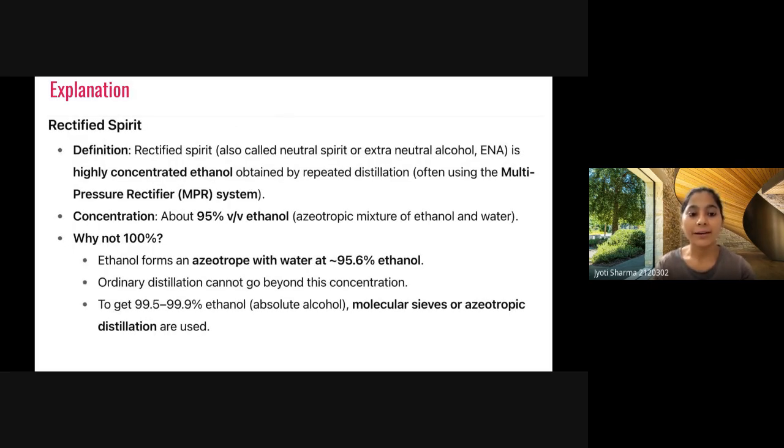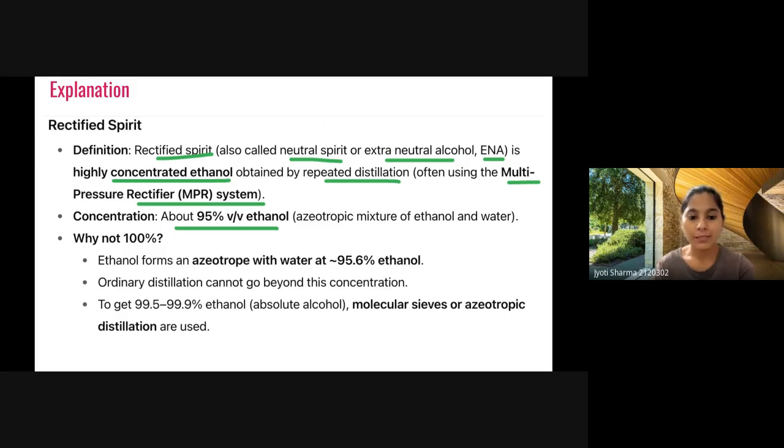Rectified spirit is also known as neutral spirit or extra neutral alcohol, ENA. This is very highly concentrated alcohol obtained by repetitive distillation, and that's why this is the multi pressure rectifier system. Here we have 95% volume by volume ethanol. And why is it not 100%? Because ethanol forms an azeotrope with water. That's how this gives you near 95% ethanol.